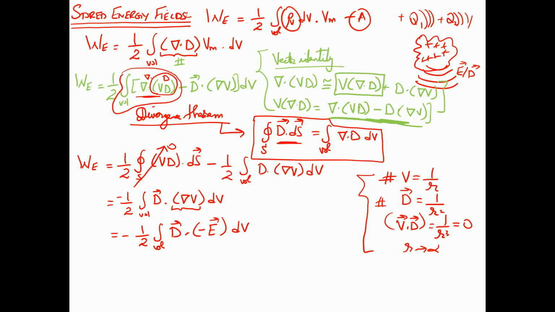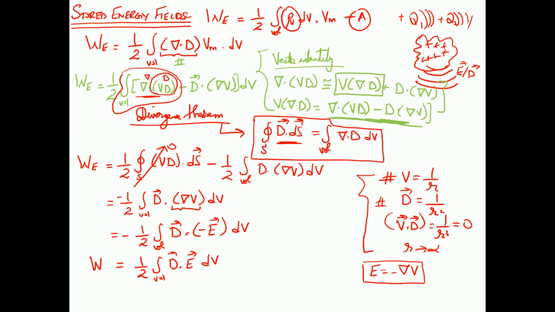So E over here is, if you remember, minus the gradient of the potential. So we have replaced this with E. This means our equation becomes 1 by 2 volume integral of D dot E dV.